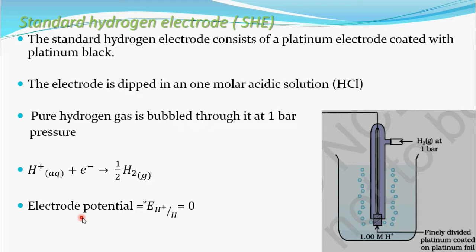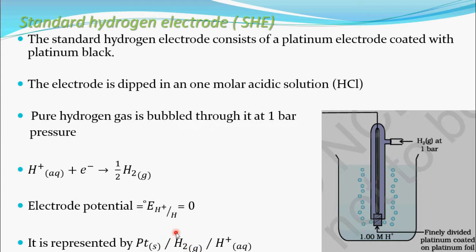Conveniently, actually its potential is nearly equal to 0, so we take the electrode potential of the standard hydrogen electrode as 0. And how is it represented? This is the platinum electrode, solid, in contact with H2 gas deposited on the platinum.